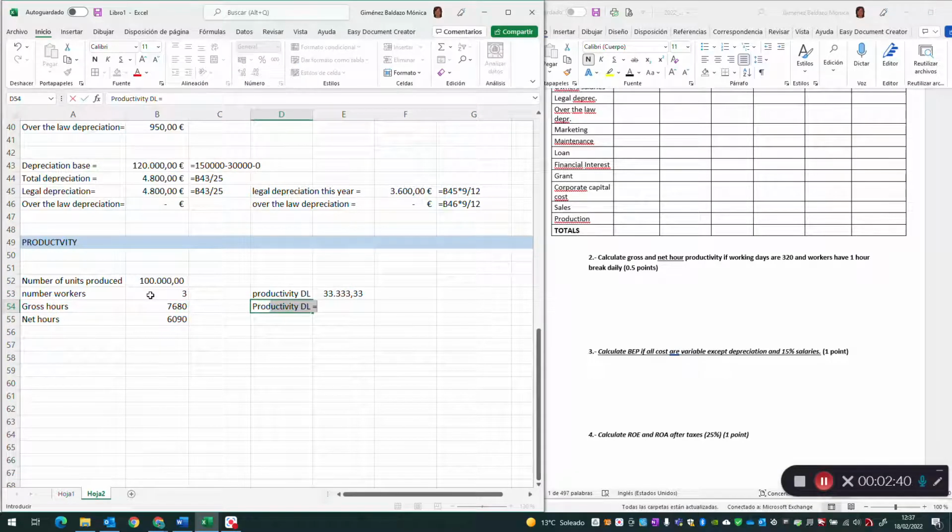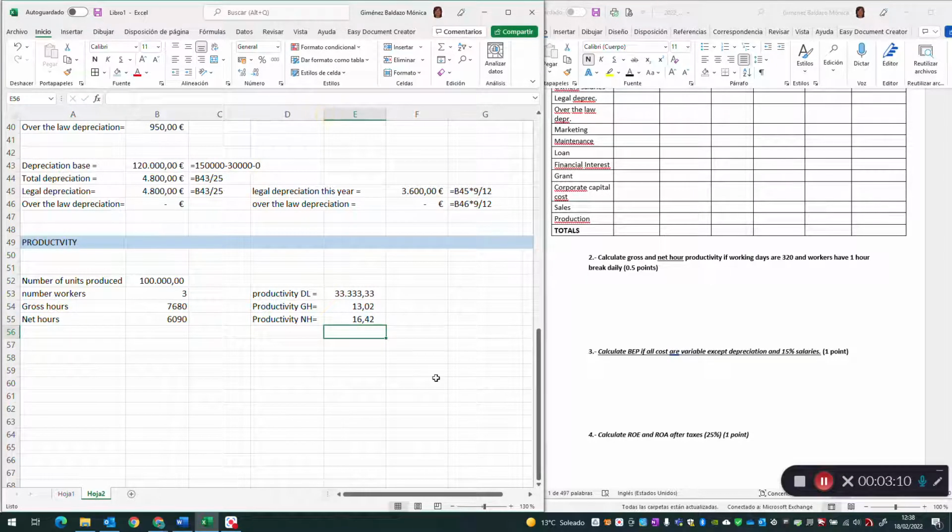I'm going to do the productivity for the gross hour and the productivity for the net hour. Okay, so the productivity for the gross hour will be dividing 100,000 by gross hours and dividing, in this case, the number of units produced, 100,000 by net hours.